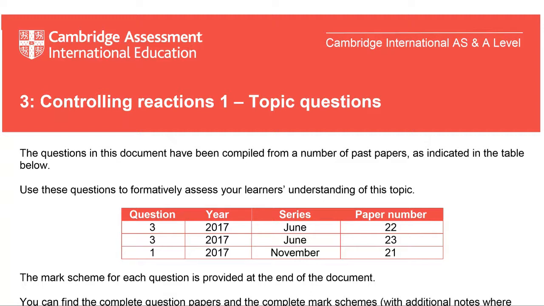In this episode, I'm going to solve actually two questions, not all of them, because the last question, question 1, is totally similar to question number 3. So here I'm going to solve only question 3 and these two threes. These questions are related to controlling reactions.